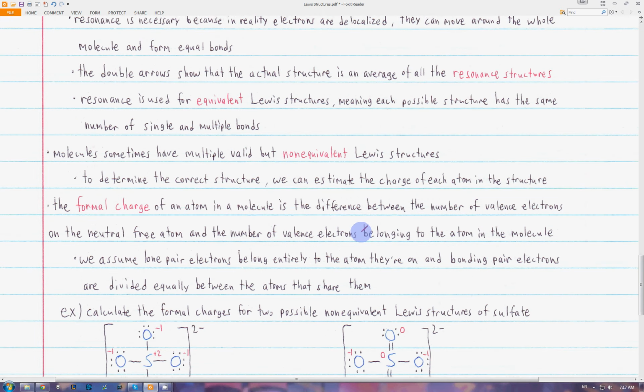To count the number of valence electrons that belong to the atom in a molecule, we say that lone pair electrons belong entirely to the atom they're on, while bonding pair electrons are shared equally between the atoms that share them.